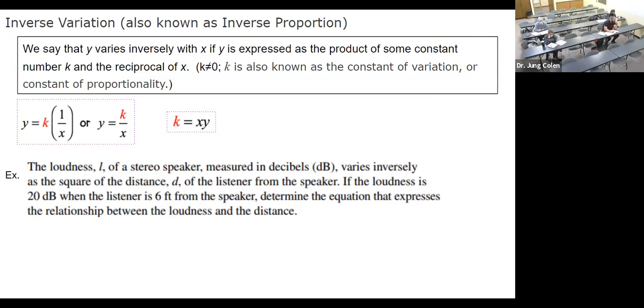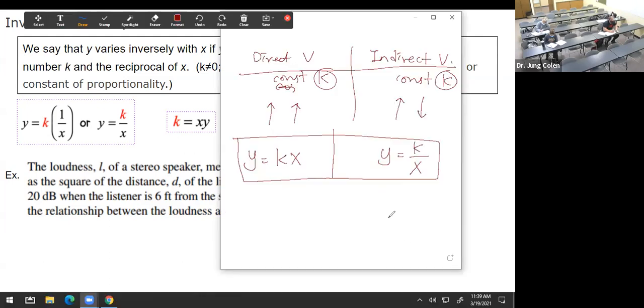If you go closer to the speaker, it goes louder. If you go far away from the speaker, what happens? It gets quieter. So decibel goes down. So distance increases and then decibel goes down. So it is inverse, right? Inverse relationship.